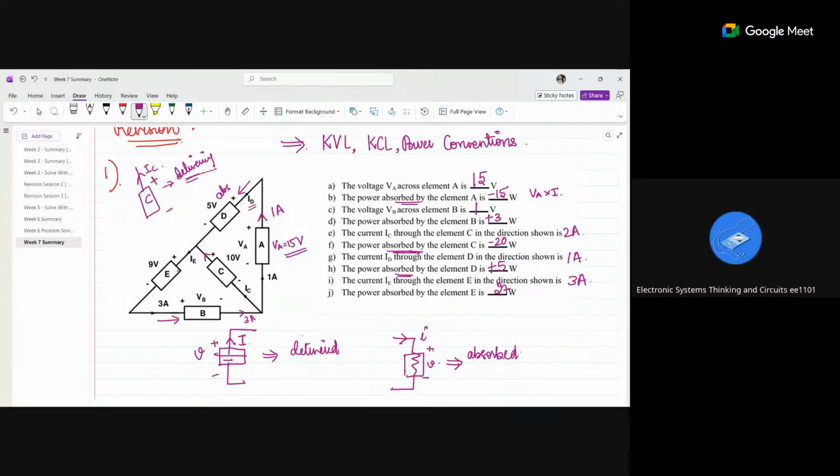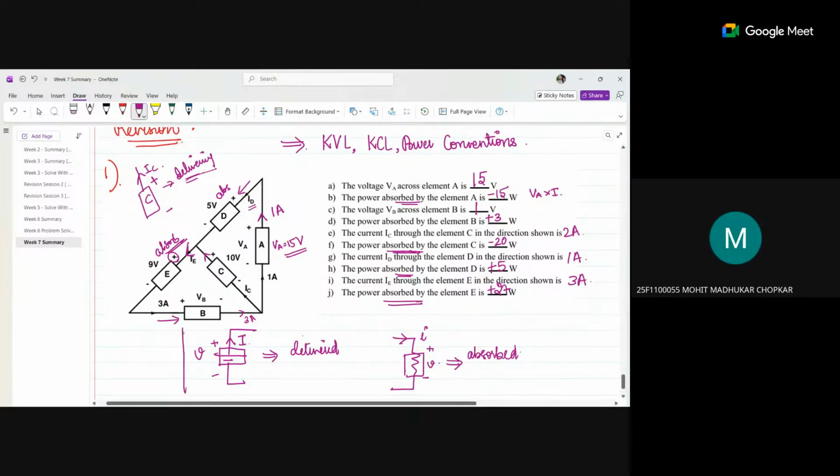Tell me whether it is absorbing or delivering. It is entering the positive terminal, so it is absorbing. Here also it is absorbing. So it is plus.